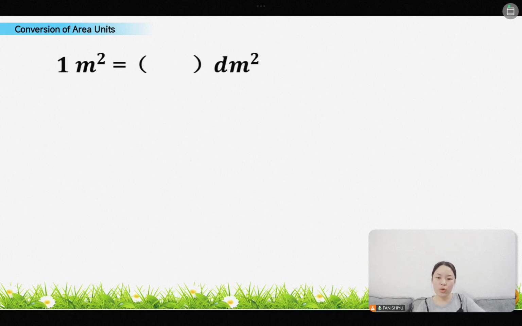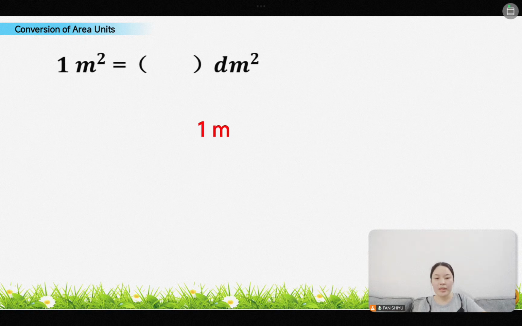So how many 1 square decimeter squares are needed to cover a 1 square meter square? Through transfer reasoning, the side length of 1 meter equals 10 decimeters.